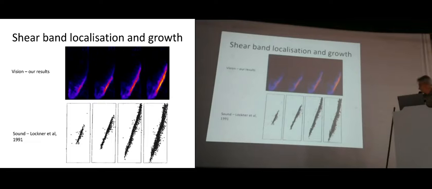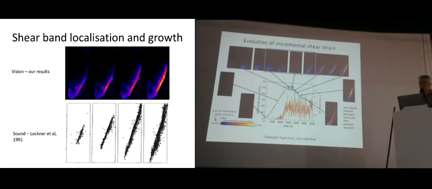And there you go. So I don't need to say anything. So Dave Lochner and his group were right. This is where the deformation is occurring, and it's growing like this, but it's a bit more complicated than that, especially in the lead up to this phase.